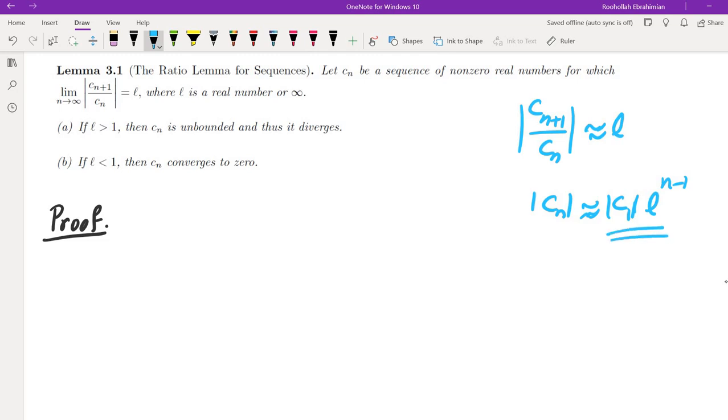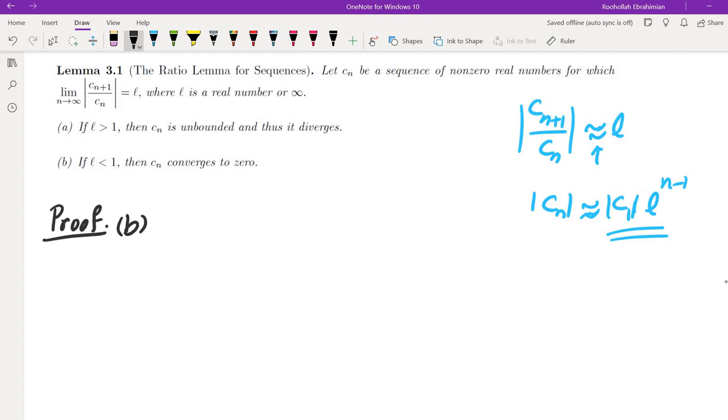It approaches 0 if the common ratio is less than 1, and it approaches infinity if the common ratio is more than 1. If the common ratio is 1, since this is an approximation, we can't really decide which one it would be. It could be either. I'm going to prove the second part of this theorem, and then the first part would be quite a similar idea. So I'm going to present the proof for part B of this theorem.